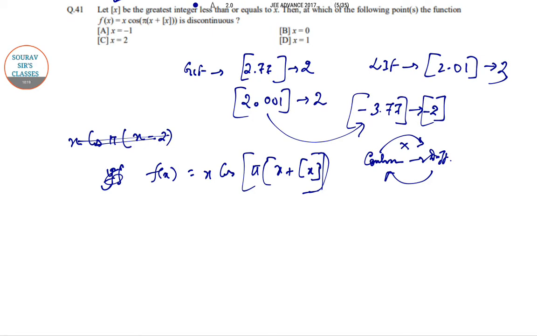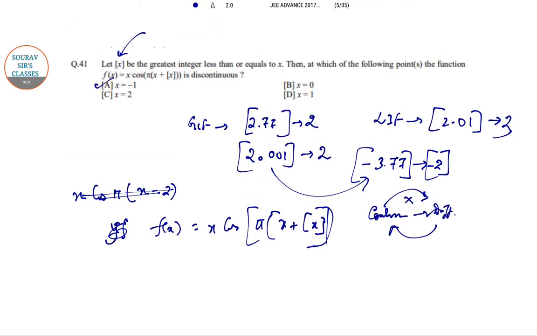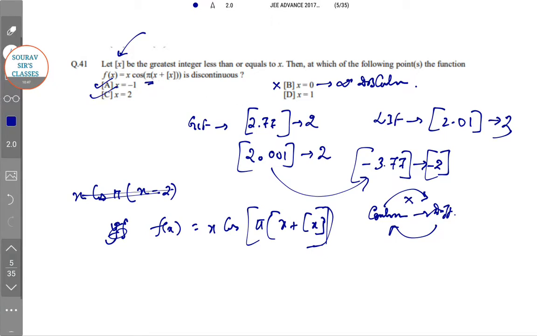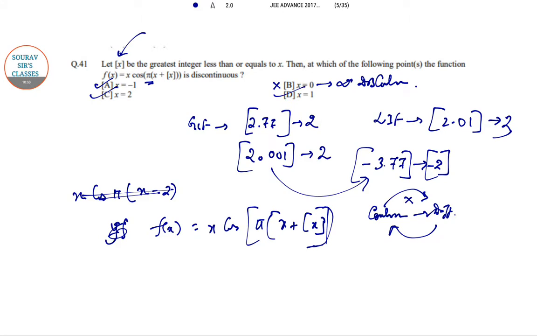So with respect to this pattern, if we check all the different points, with plus and minus sides, we can see that -1 is a possible point, and then at 0 it is going to infinity, so discontinuous. 2 is a possible point, x equal to pi over 2 is also possible, and D is also a possible point. So here the answer is A, C, D.